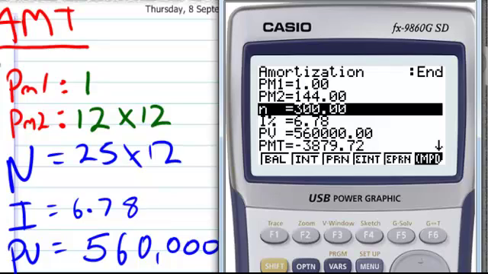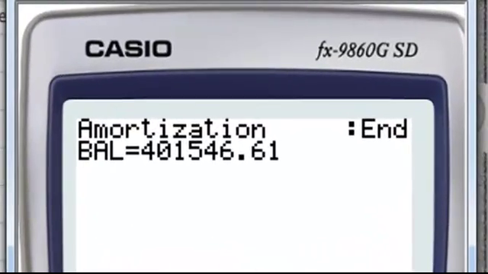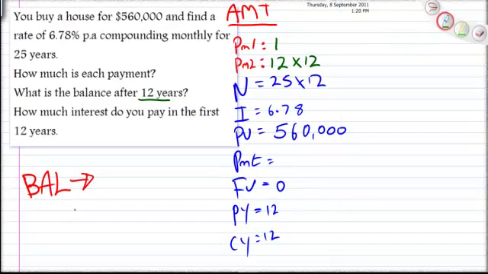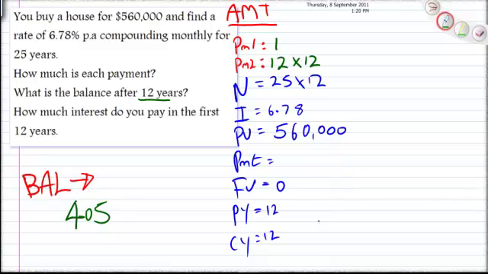Now we're looking at our balance, BAL, which is F1. As soon as we hit that, it'll tell us our balance is $405,046.61.